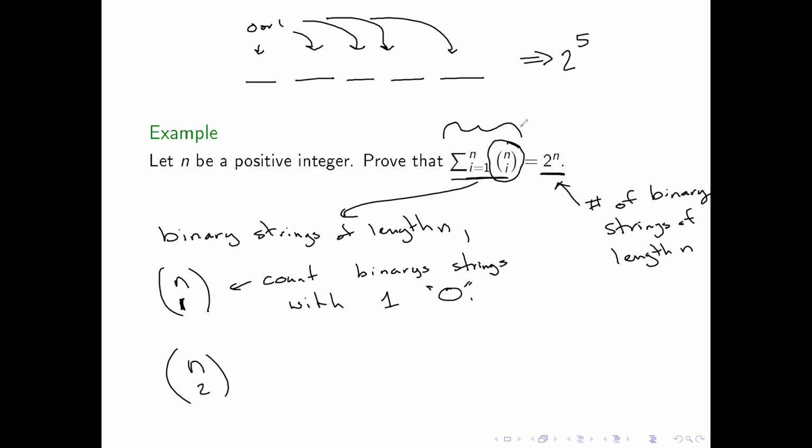This starts with all the binary strings of length n that have i zeros, where i ranges from 1 to n, which is all the possible values of zeros. So if you go through all the possible i, I can have 1 zero, 2 zeros, 3 zeros, all the way up to all zeros. Doesn't that account for all the possible situations that we could have for this?